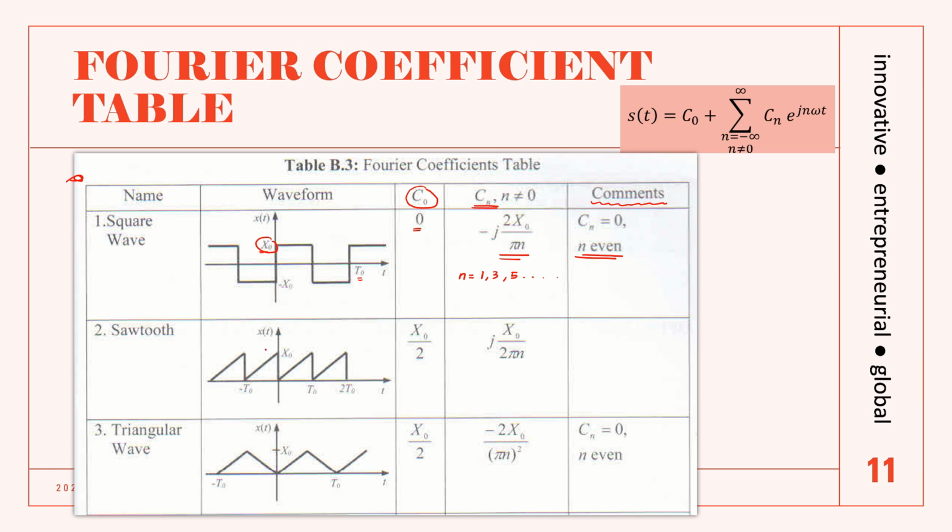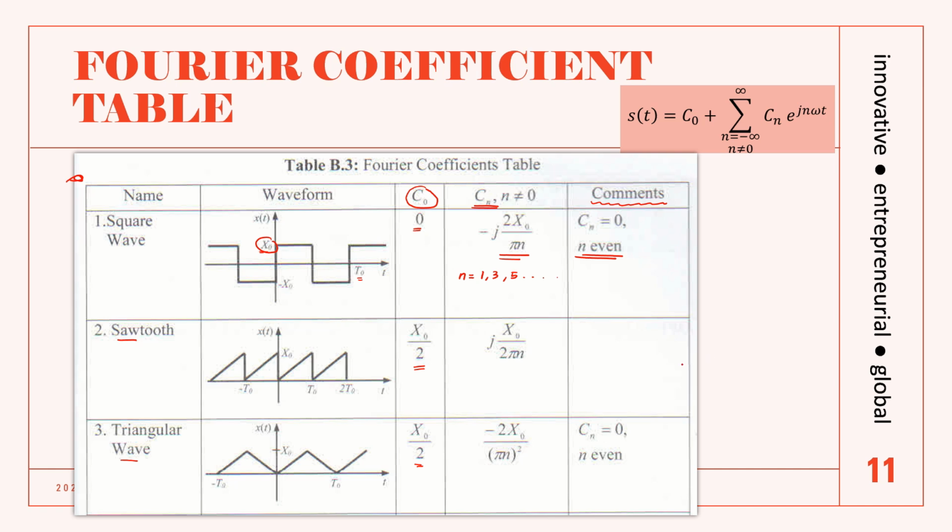Different types of signal have different values of C naught, Cn, and comments. For example, for the sawtooth and triangular wave, the component C naught is the same, which is the amplitude divided by 2.